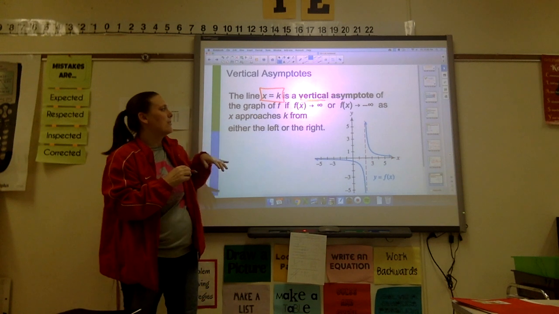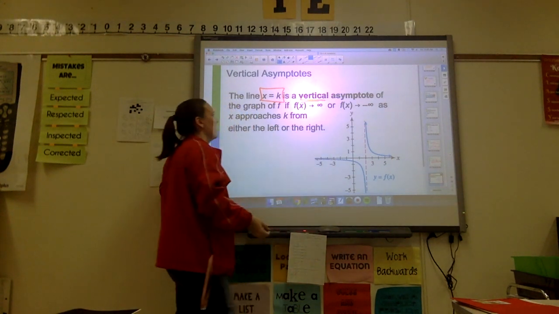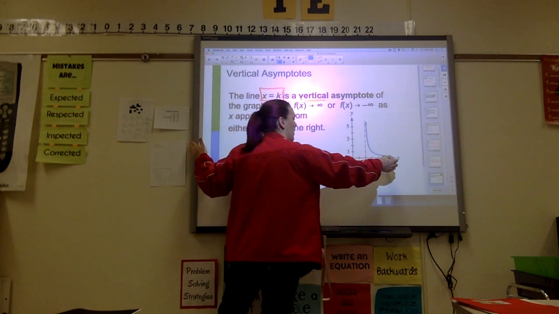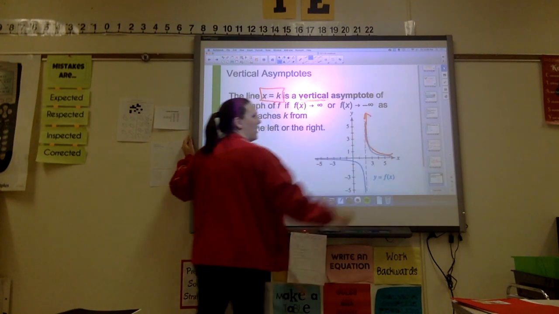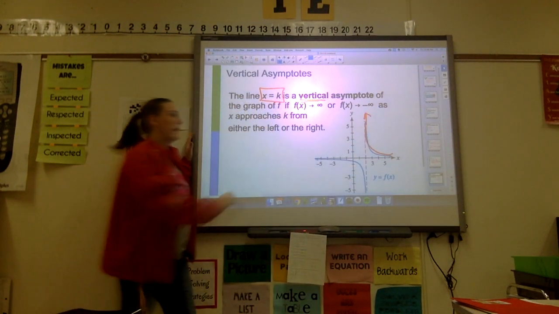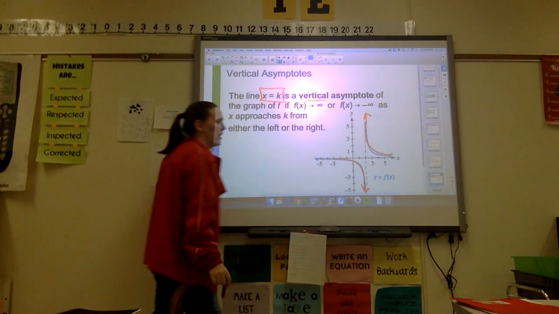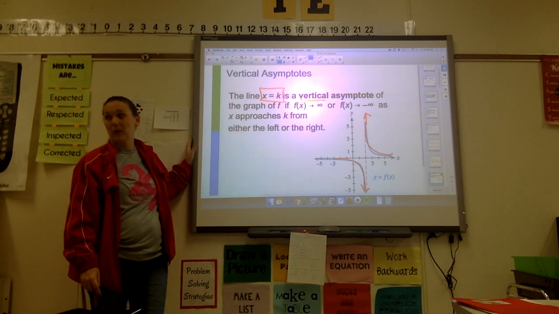We have a vertical asymptote if the function goes to infinity or negative infinity as x approaches k from the left or right. As I go to the right, my function's going up unbounded. As I go to 2 from the left, it's going down unbounded. So therefore we have a vertical asymptote at x equals, okay?